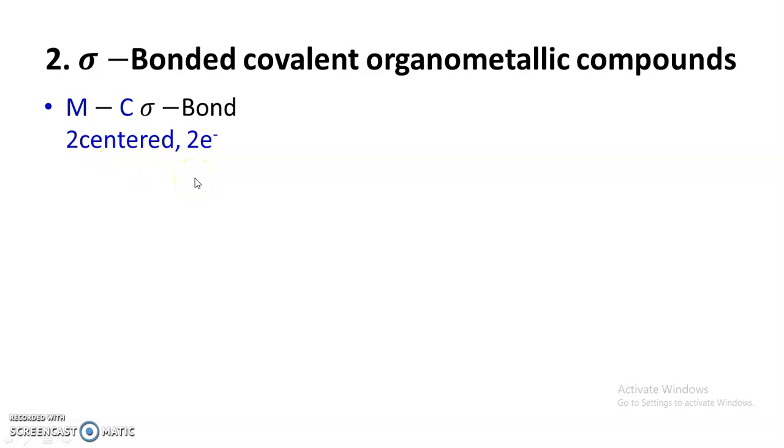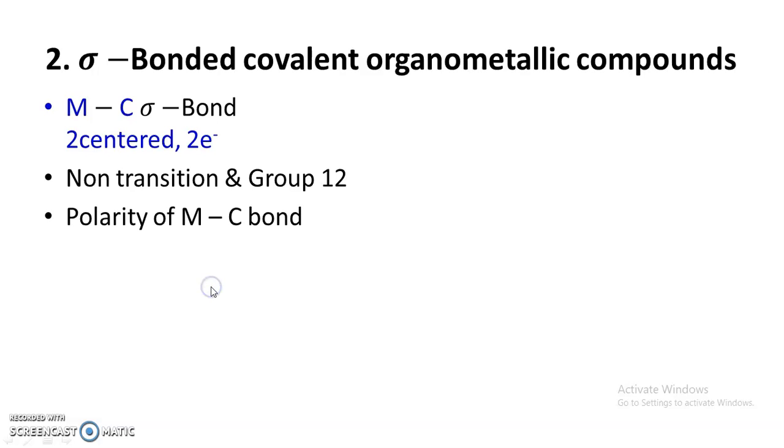So normally these types of organometallic compounds contain two centered two electron bonds. Most of the non-transition elements, and specifically group 12 elements, that is the zinc family, form covalent or sigma bonded organometallic compounds.